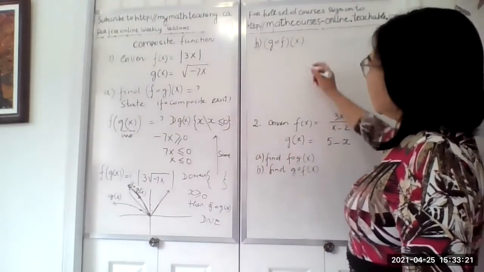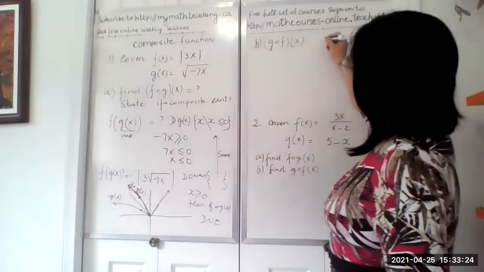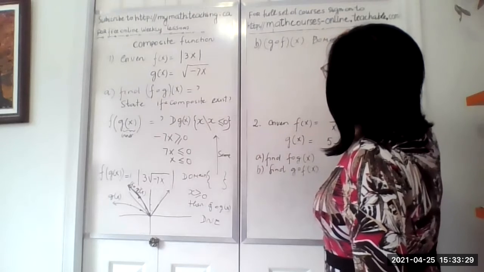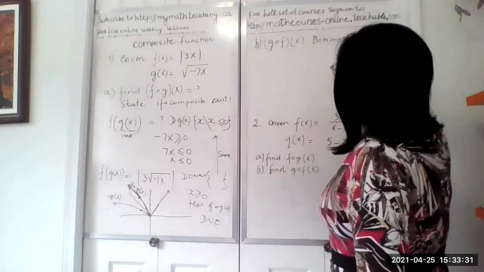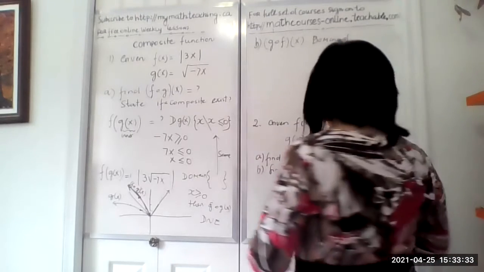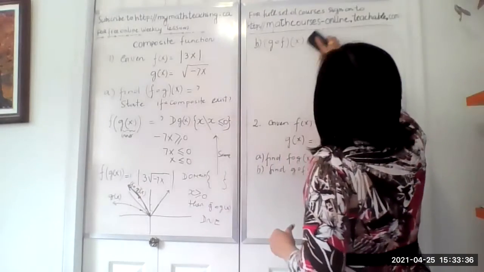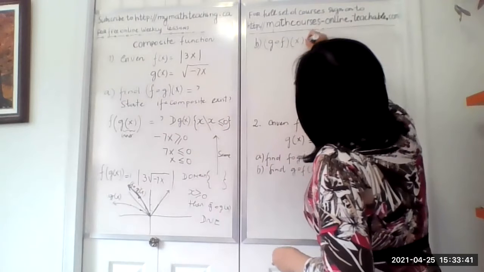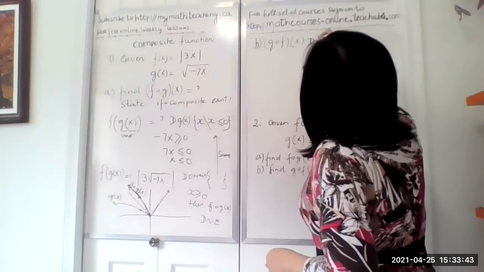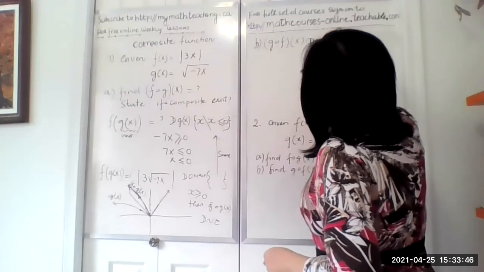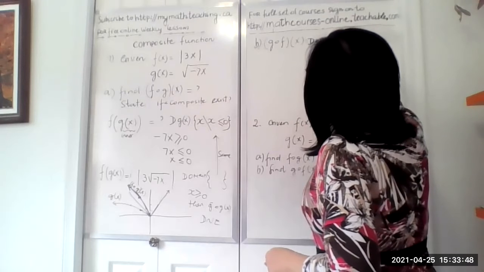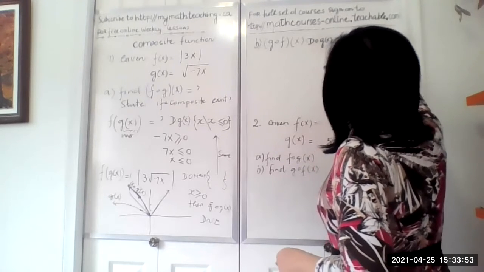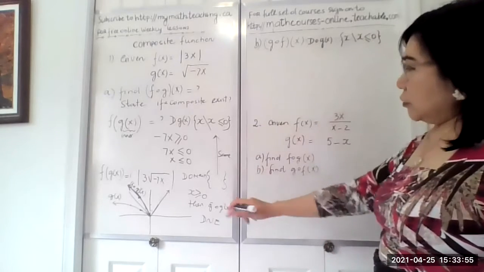So first, we know the domain of g of x is the set of x such that x has to be less than or equal to 0, right? The same function as this.